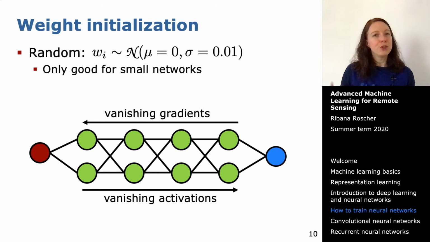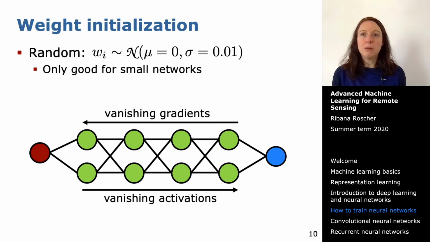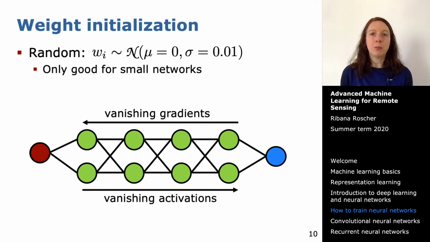The first thing that might come to your mind is a random weight initialization. That means, for example, you initialize the weights with a normal distribution, with 0 mean and a specific standard deviation. When you choose a small standard deviation, this can lead to problems with a larger network, and exactly here the vanishing gradient problem appears.